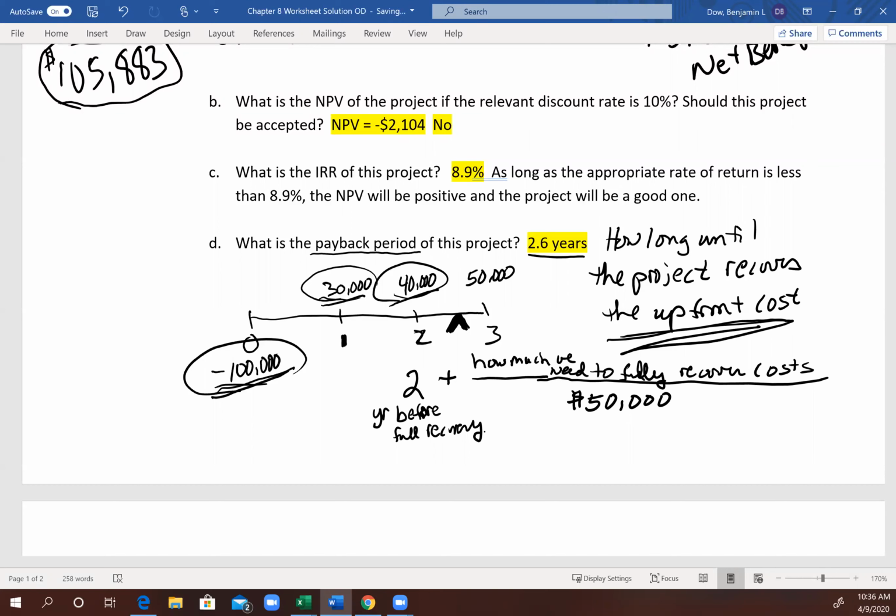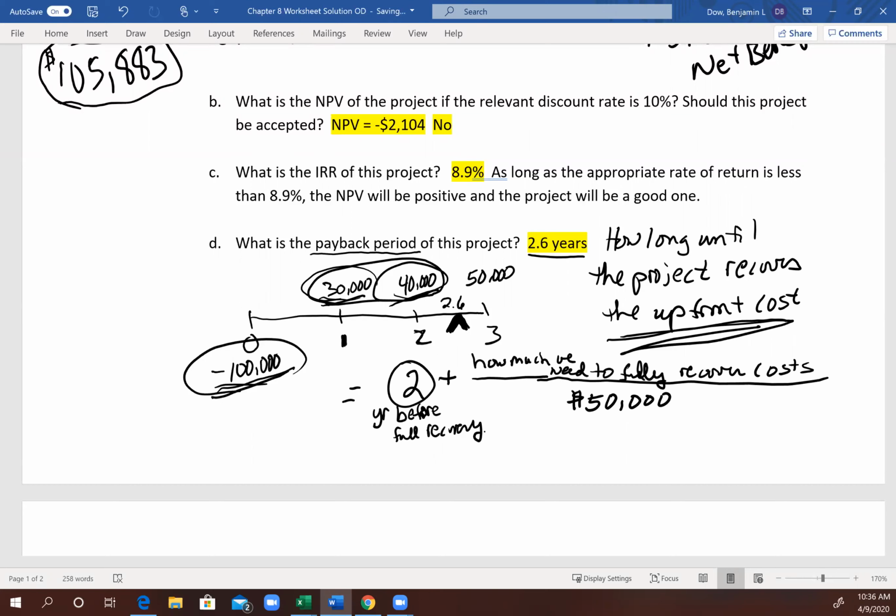The payback period occurs at around 2.6 years, because I've got 70,000 after 2 years, so that's where the 2 comes from.